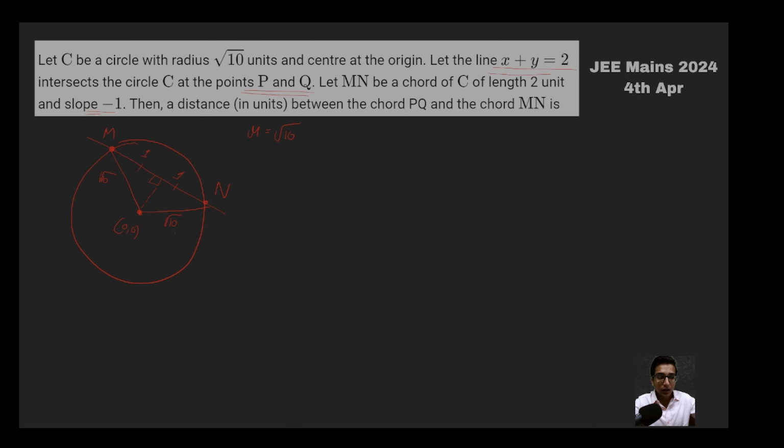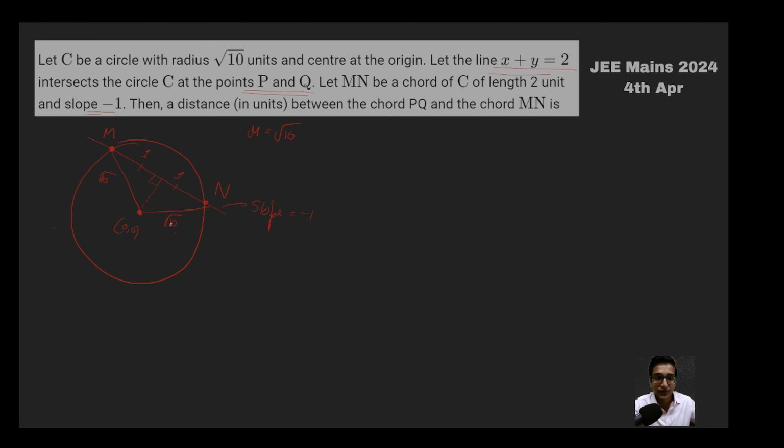That is why we drew the line in this slant way, because it has slope equal to -1. Apart from this, we do not have any information about MN. That means MN can lie at any point in this circle. It can lie here as well, it can lie here as well, or it can lie anywhere on the circle.